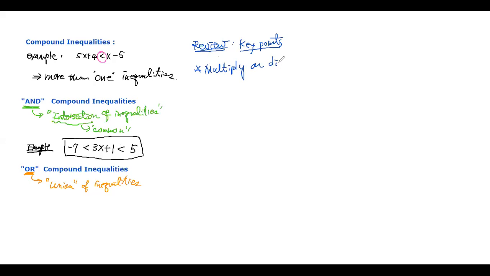Multiply or divide by a negative number. We talked about how important this is, right? If you multiply or divide by a negative number, then what do you need to do? You need to switch the direction of your inequality sign, right?